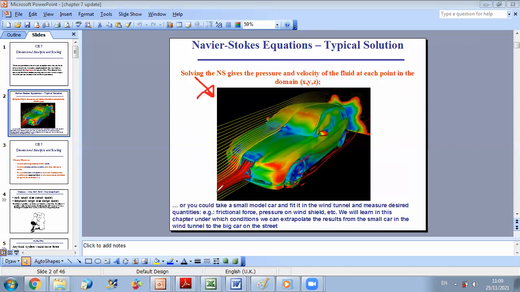The experimental one: you can take a small model car and fit it in the wind tunnel and measure desired quantities such as frictional force, pressure on the windshield, etc. And then we will see how we can extrapolate these results to the real case.